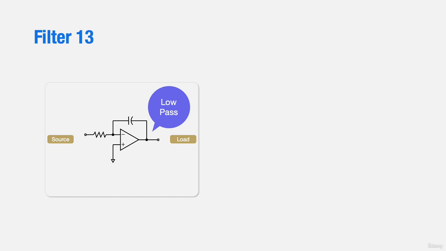You might wonder why the circuit with an amplifier and a capacitor on the feedback path functions as a low-pass filter rather than a high-pass filter. Although low-frequency signals cannot pass through this capacitor easily, high-frequency signals can.